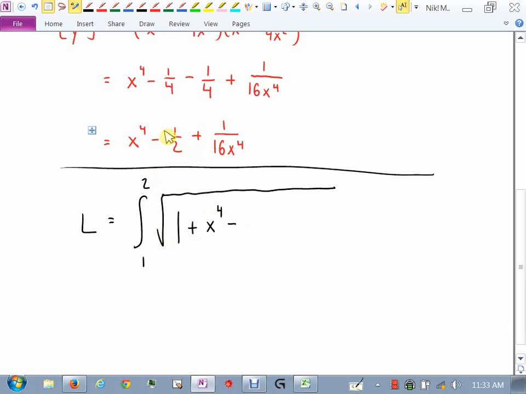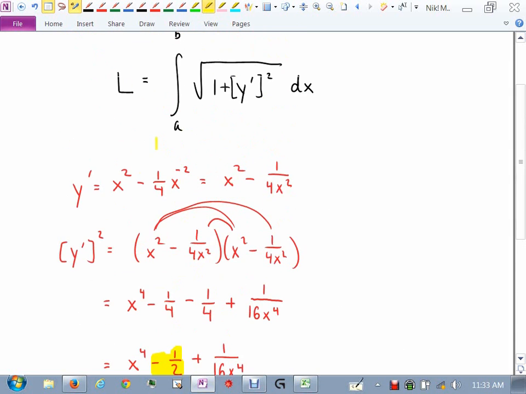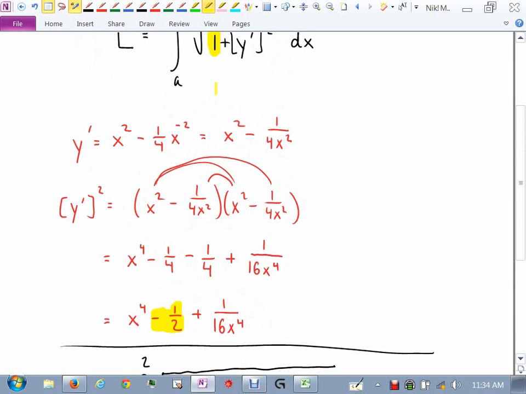Can I just make it a 1/2? All right. 1/2 plus x to the 4th plus 1/16 x to the 4th, and then all this dx. So I'll just highlight it. Just remember that 1/2 came from taking the negative 1/2 here and putting it together with the 1 up there.